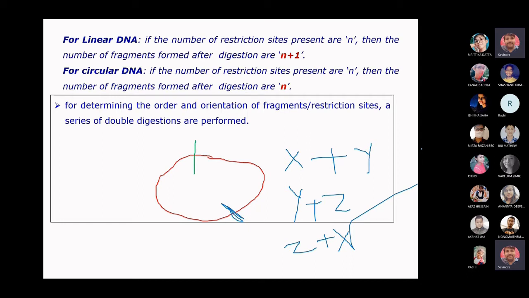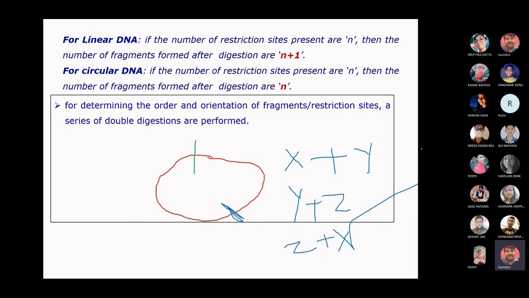But if you use different permutations and combinations of all three enzymes, you are not only able to find out whether a particular enzyme has any restriction site or not, but with the help of today's exercise, we can also map where those actual sites are located in this plasmid DNA.